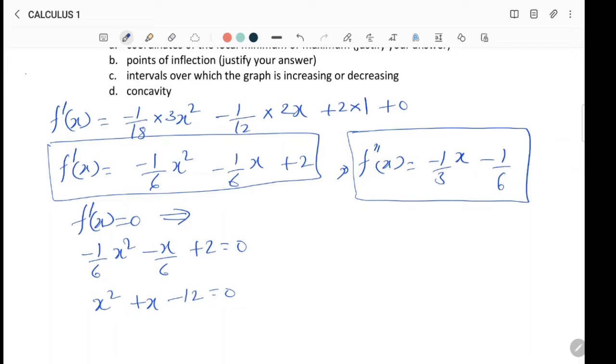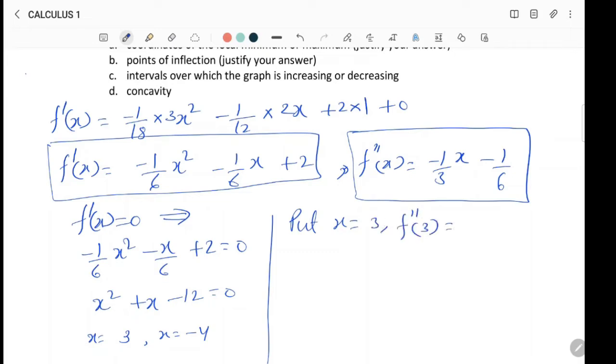Coefficients are 1, 1, and minus 12, which gives 3 and minus 4. Okay, but we don't know which point, 3 or minus 4, will give you max or min. We have to use second derivative. So just put x equals 3 in f double dash x.